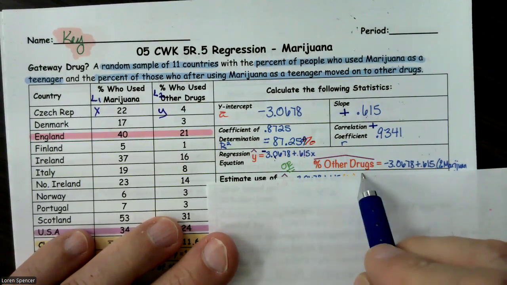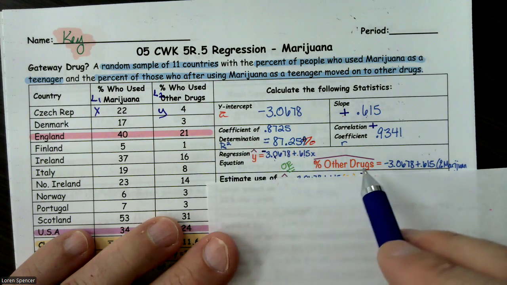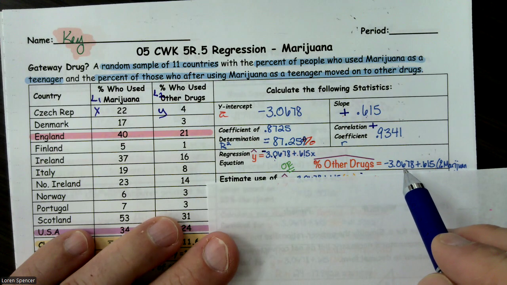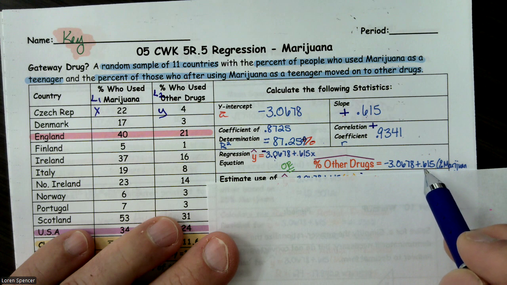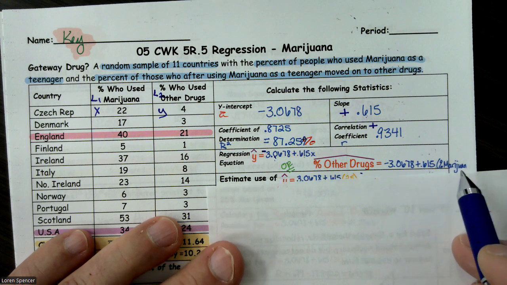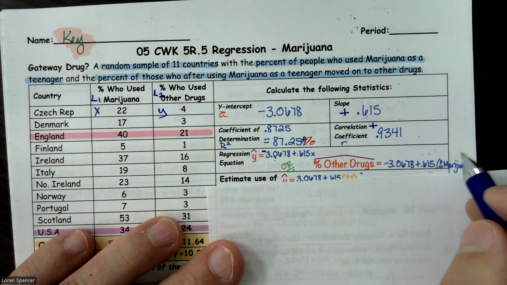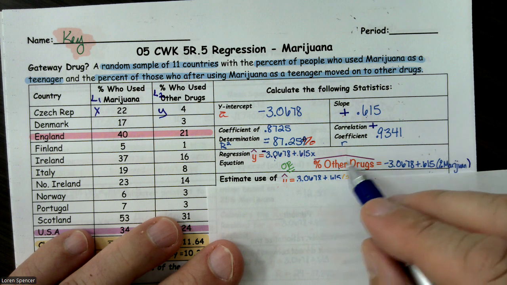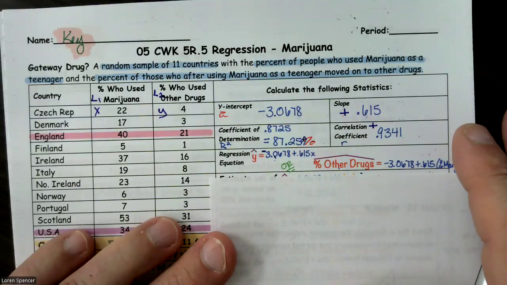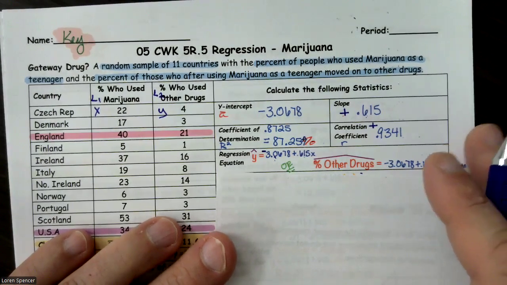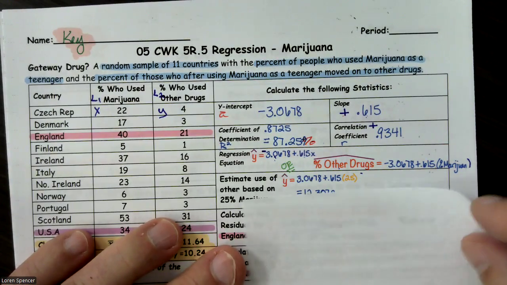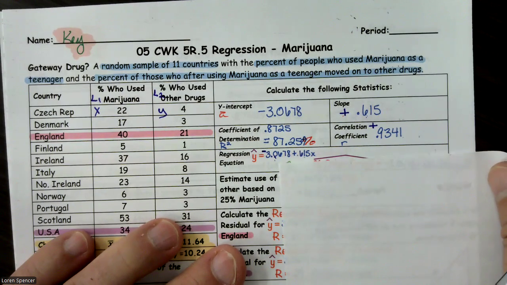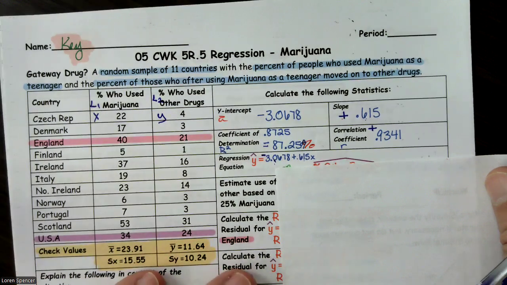Otherwise, the percent of other drugs equals negative 3.0678 plus 0.615 times the percent of marijuana use. All right. If we write it this way, we don't have to define our variables. Next, it says estimate the percent who used other drugs based on 25% marijuana.